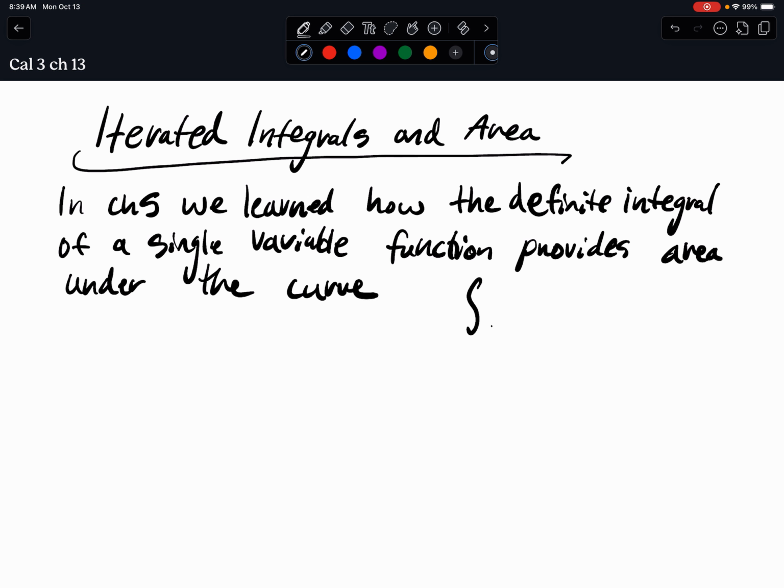The integral from a to b of f of x dx is equal to the area under the curve of f from a to b. That's what this is equal to.